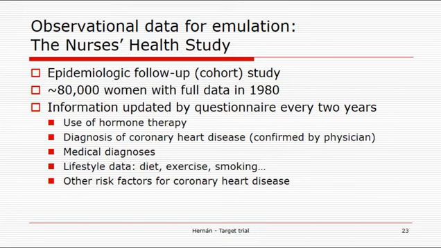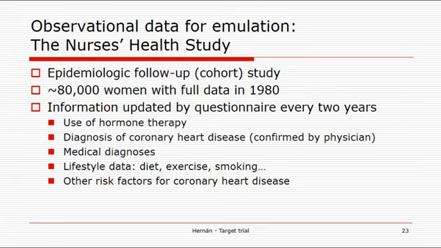We were working with our colleagues from the Nurses' Health Study, and we used the data from this study, about 80,000 women followed since 1980, with all their information on lifestyle and other confounders that we wanted to adjust for, diet too.